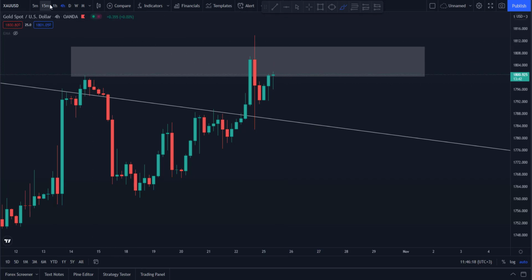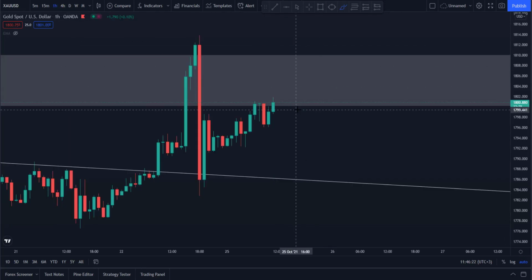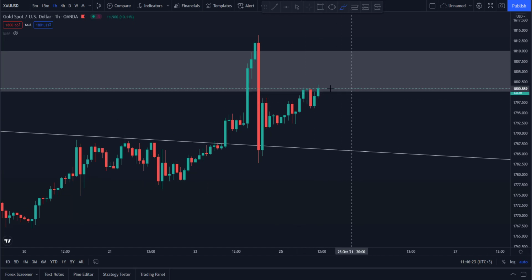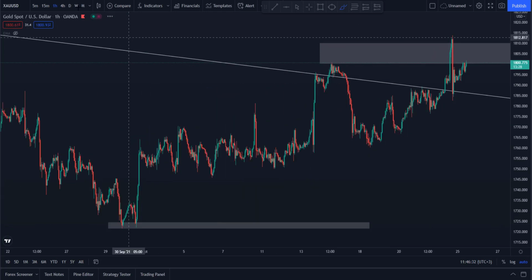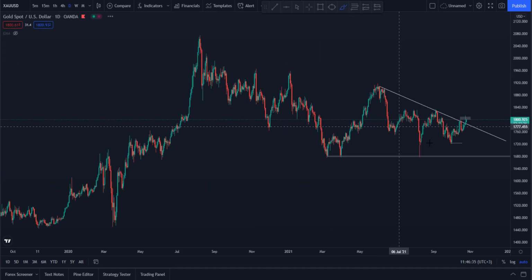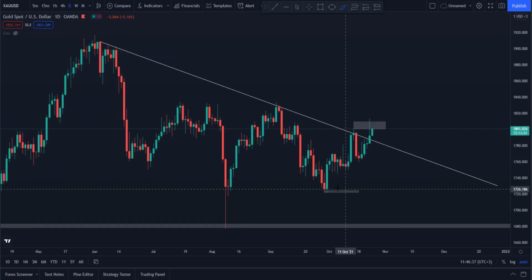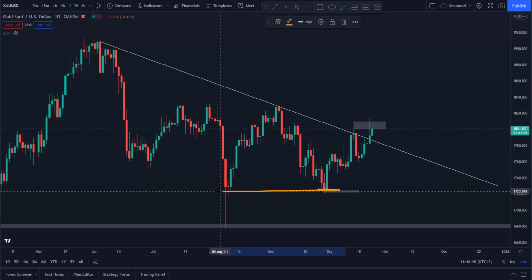Okay, so again, if we drop down to the hourly chart, current price levels 1800, stop loss at 1815, and take profit anywhere around the 1725 level. Basically we are expecting that price will at least retest the lows right here where we've had previous structure as well.